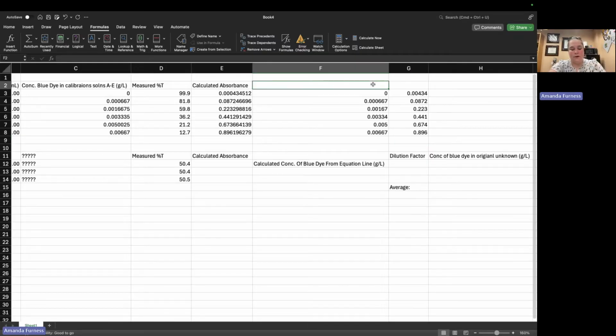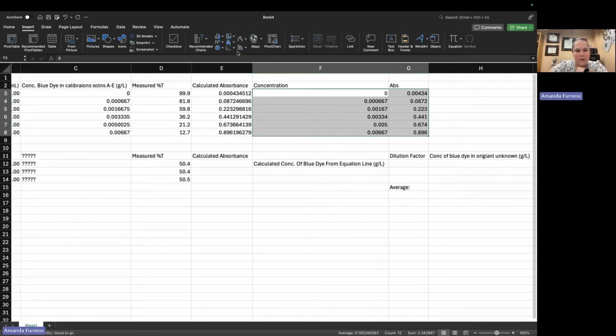Now I have concentration and absorbance. Notice I have it in an X and a Y format. So what I can do is I can select this data, and then I will go to Insert right here in the middle. So it might look a little bit different depending on the version of Excel that you have, or if you're trying to do this on your iPad.